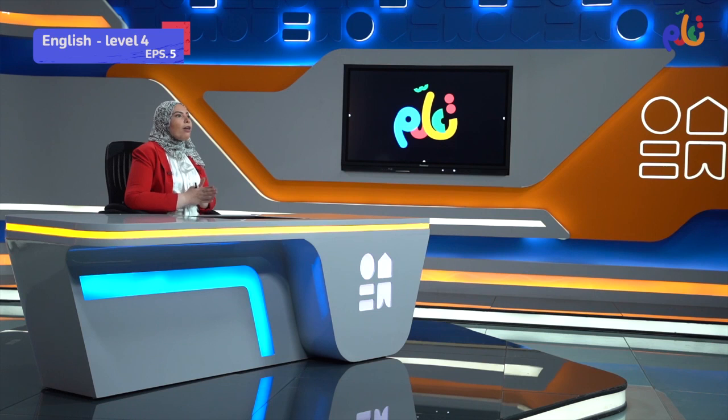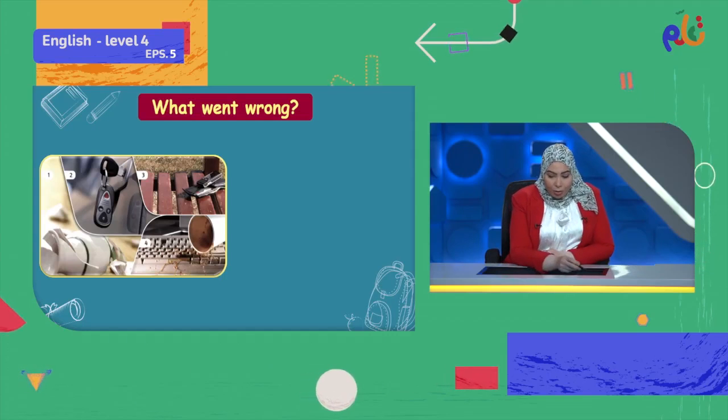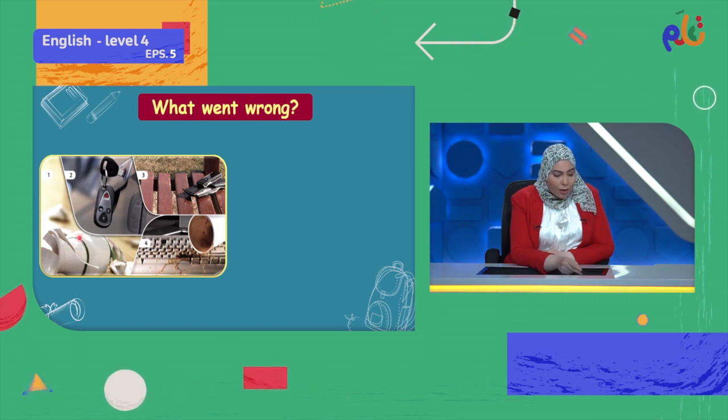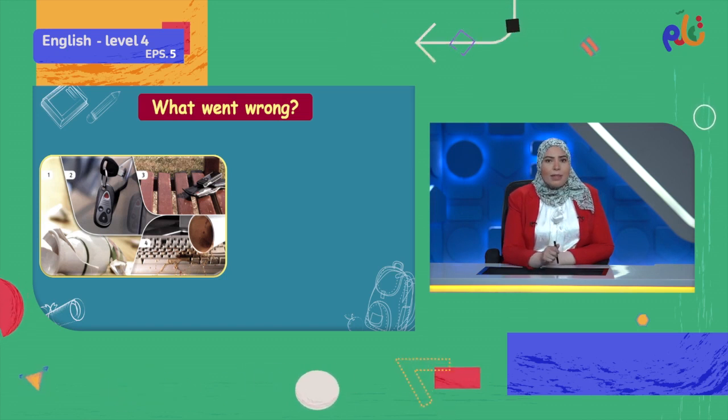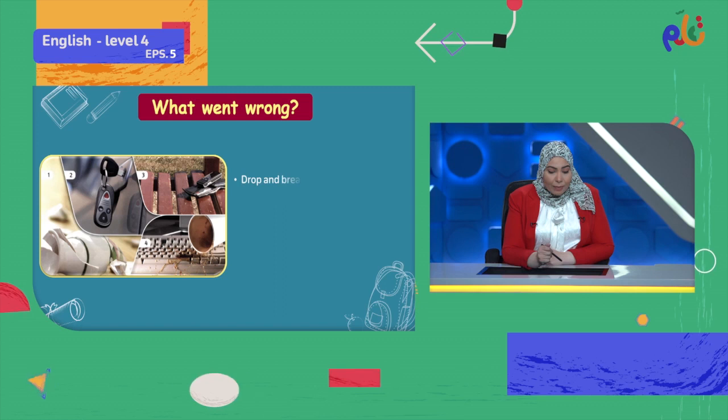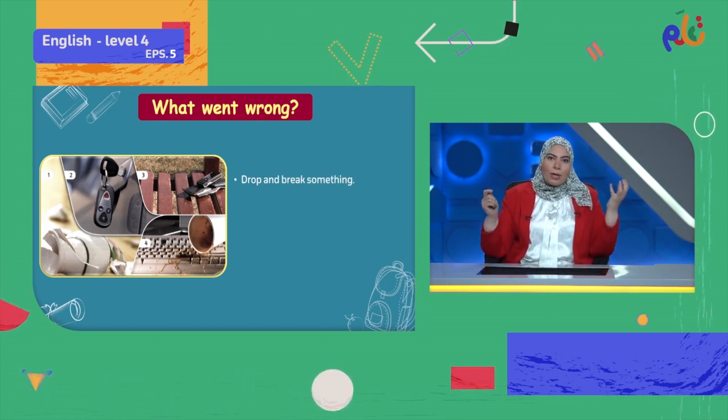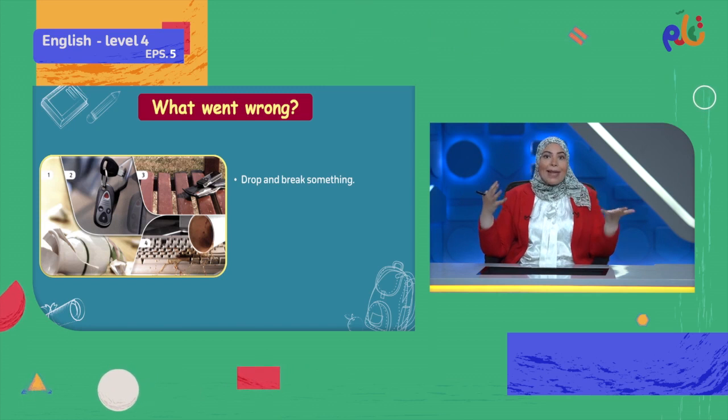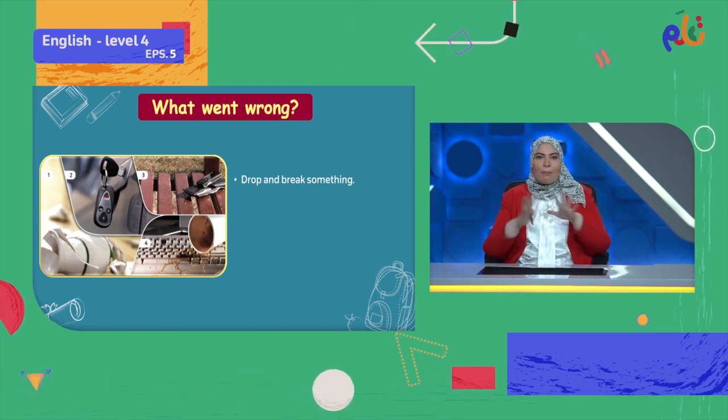These pictures are representing what? So, here, if we're talking about number 1, what might be the problem here? We're talking about drop and break something. You might drop and break a mug, a cup, a plate, your mobile, so you drop and break it. So this is the first accident that might happen. You drop something and you break it.